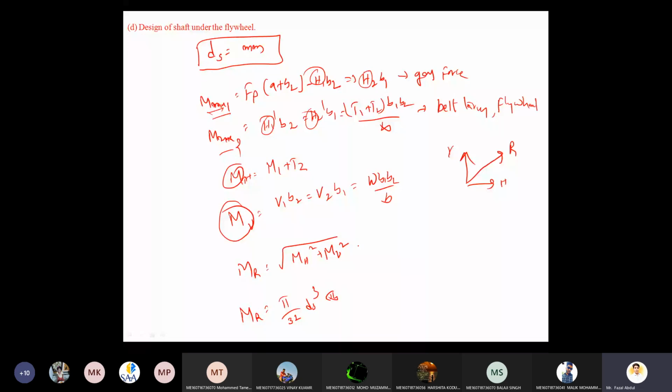If I equate these, pi by 32 into ds power 3 into sigma b equals the square root of MH square, horizontal bending moment, plus vertical moment square. We calculated these with the equations for V and H, and the permissible value will be given in the question. Which one is unknown here? The design size of the shaft under the flywheel, that is ds.